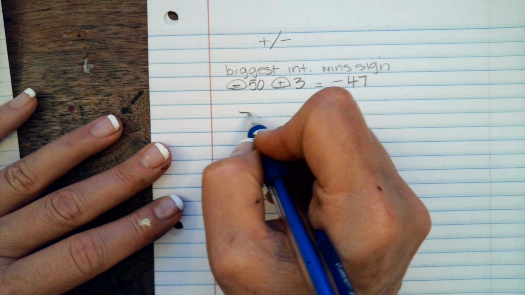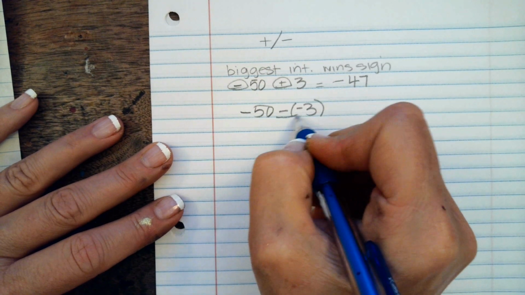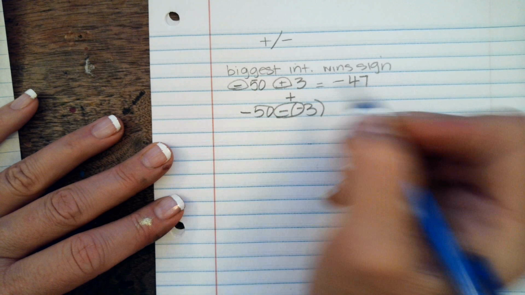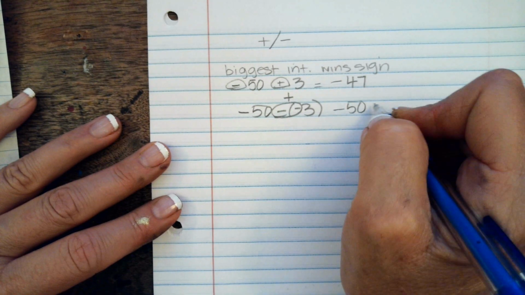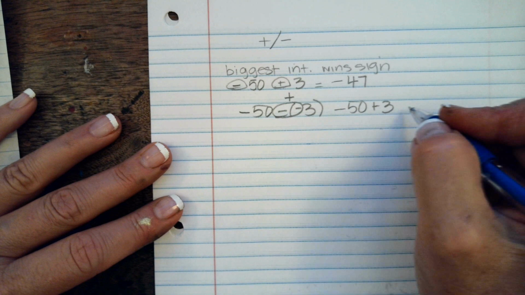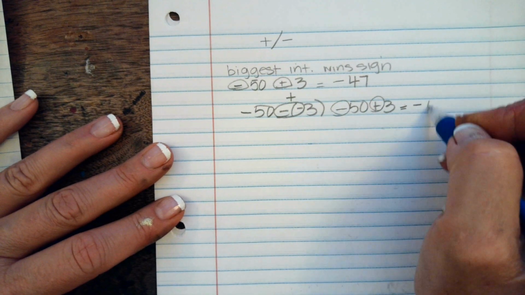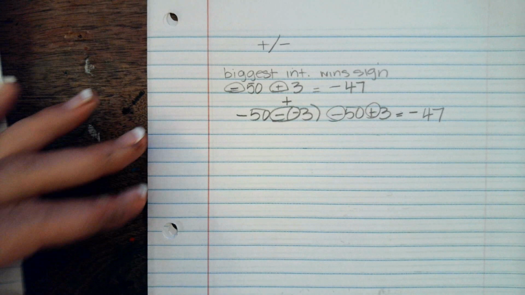Okay, so if I had something that looked like this, I circle this becomes a positive, and I rewrite it like this. And then I do biggest integer wins the sign. My answer is negative. I have a negative and a positive, so I subtract the integers, negative 47.